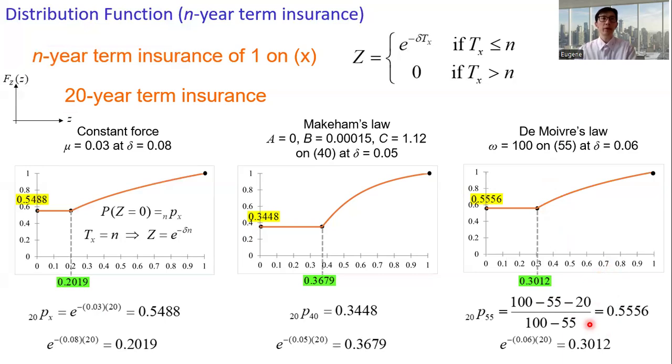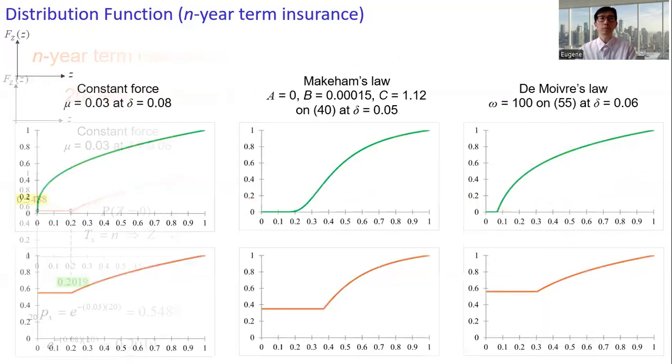Let's compare the graph of the n-year term insurance with the whole life insurance. When Tx is less than or equal to n, that is the right portion of the graph, the CDF values are the same.